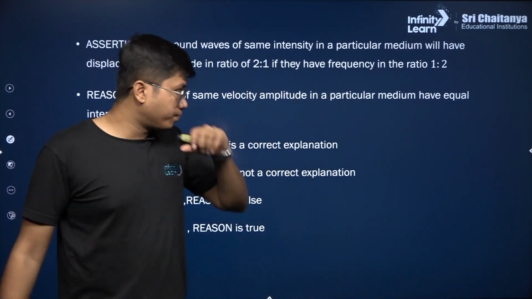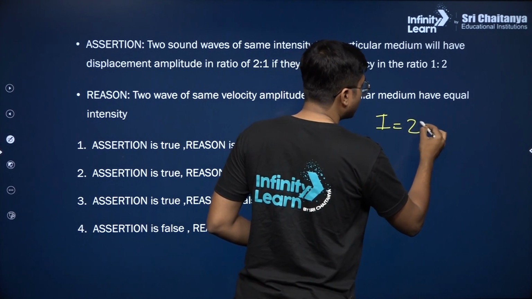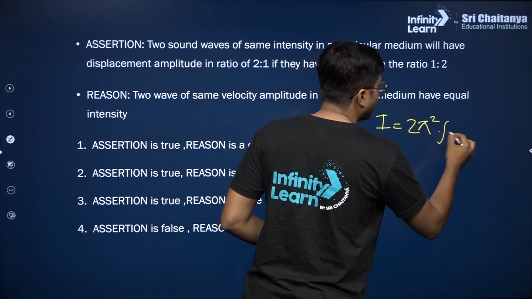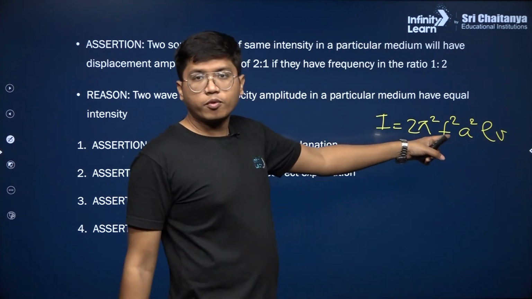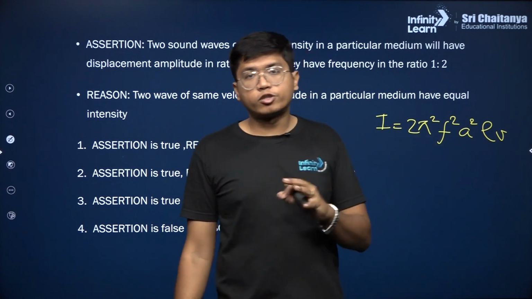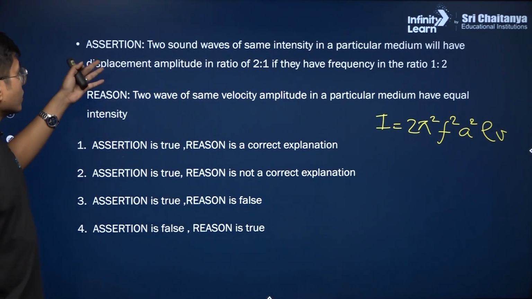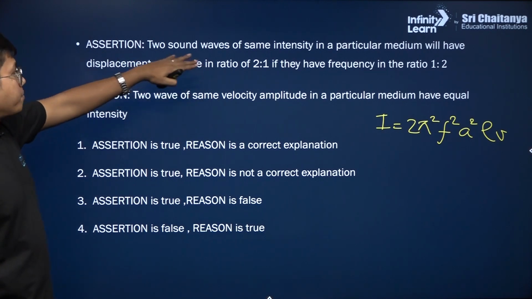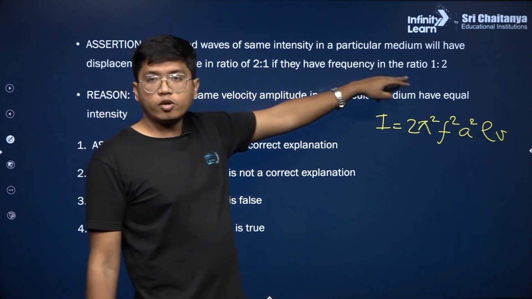So we know that the intensity relation for a sound wave is 2 pi square f square a square rho into v, where f is the frequency, a refers to the amplitude, rho is the density of the medium, and v refers to the speed of the wave. Now they have said over here that firstly, in the particular medium, if the amplitude is in a ratio of 2:1, frequency is in the ratio of 1:2.